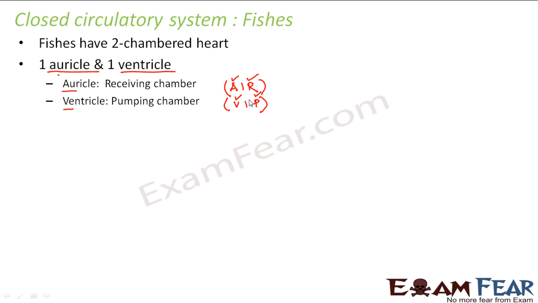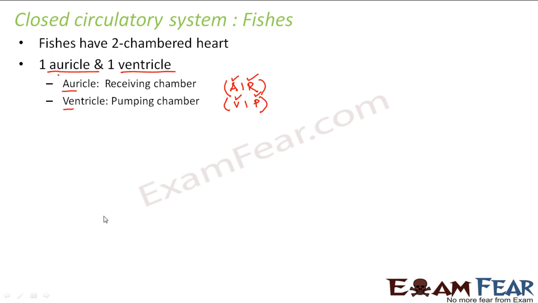Like this you can remember that auricles are the receiving chambers and ventricles are the pumping chambers. So blood enters the auricles and blood goes out from the ventricle. In order to keep the incoming blood and the outgoing blood separate, the heart has been separated into two different types of chamber.